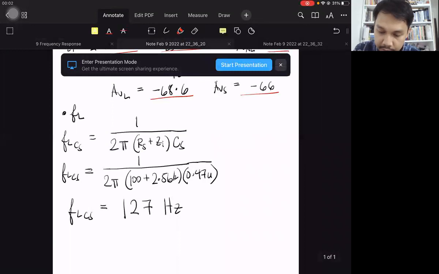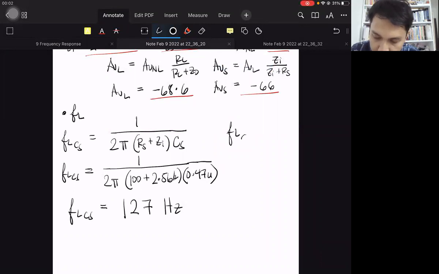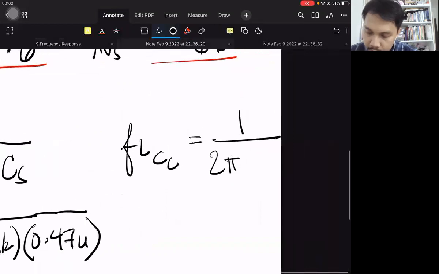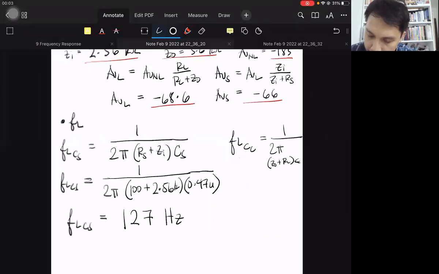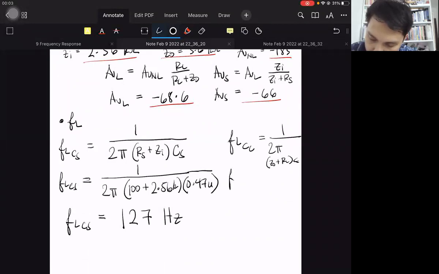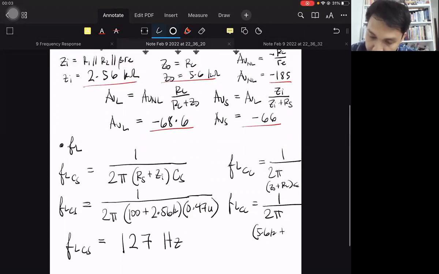So FL CC is 1 over 2 pi, ZO plus RL, CC. That is 5.6K plus 3.3K.